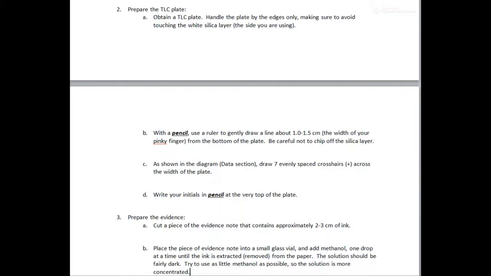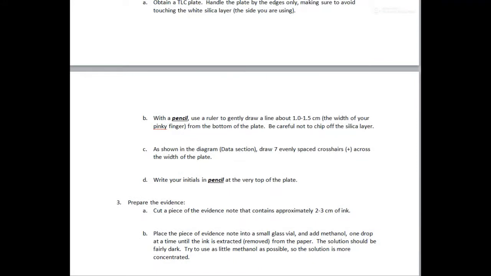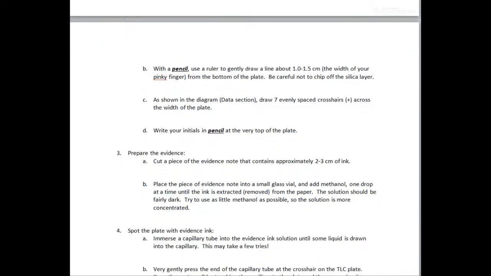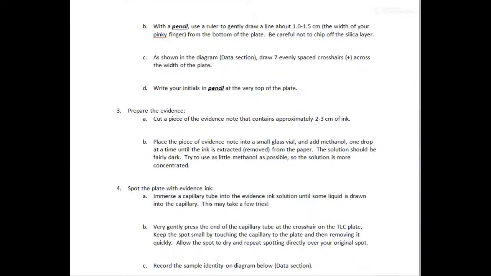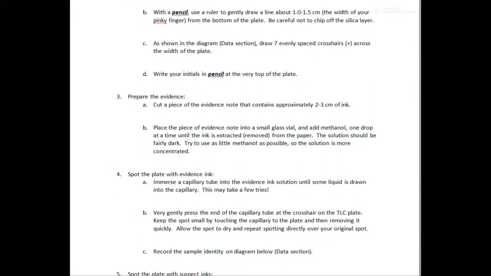Now, what are the evidences that you have? A piece of the evidence note contains about 2 to 3 centimeters of ink. You need to verify whether the evidence note ink and the ink obtained from the suspects are the same. That's what we are going to verify.